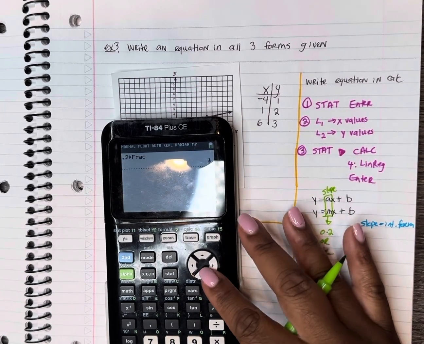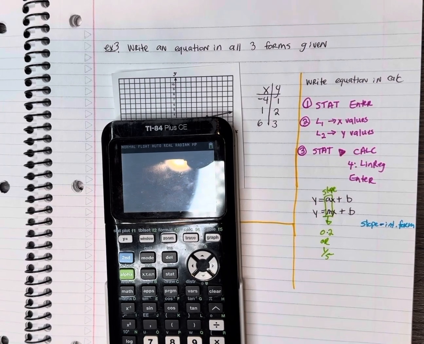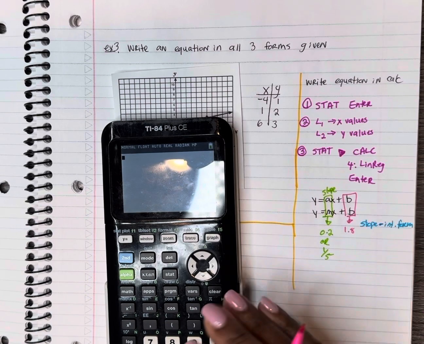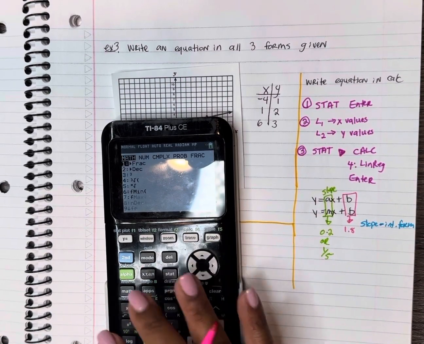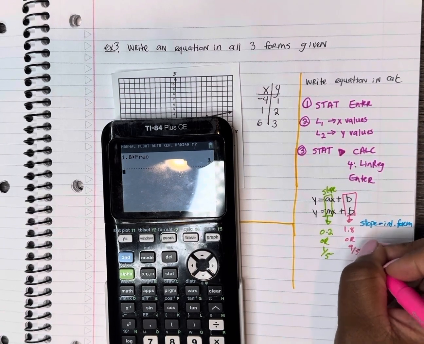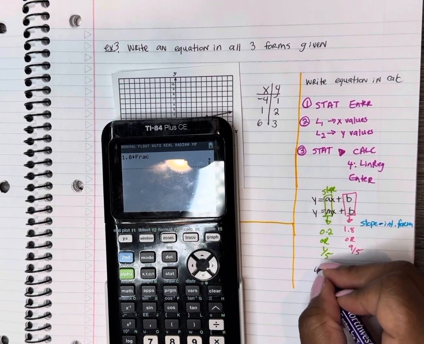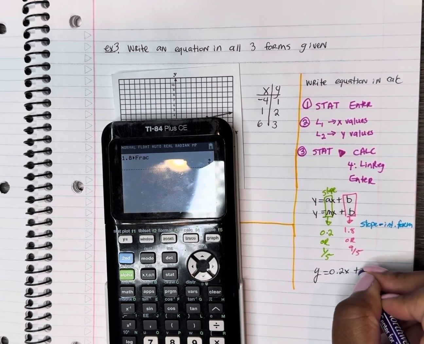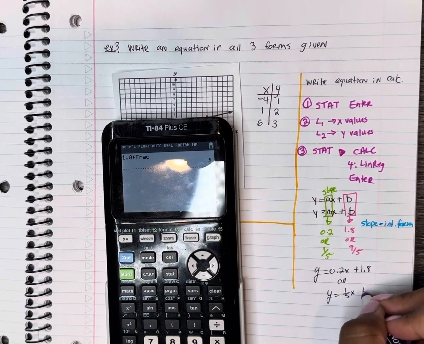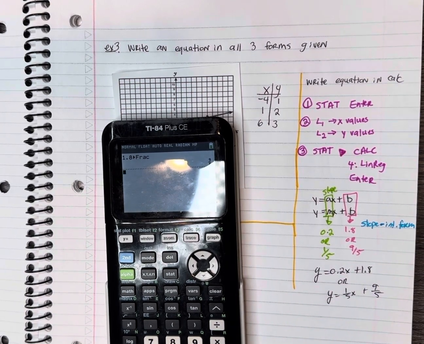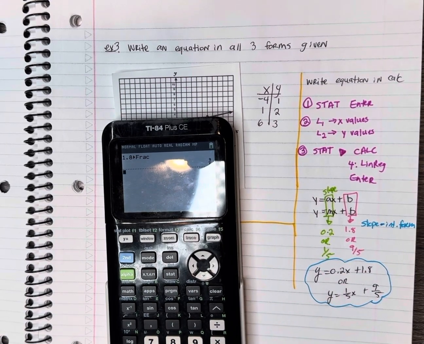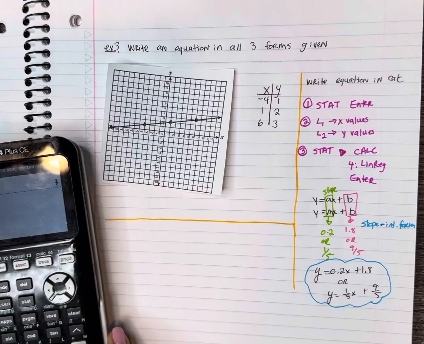And then it gave me that the y-intercept was 1.8, which if I type that in, the fraction of it is 9/5. So when I write my equation, it's y equals 0.2x plus 1.8, or y equals 1/5 x plus 9/5. Now I'm going to use the fraction form here when I write the other forms, and you'll see why in a bit.